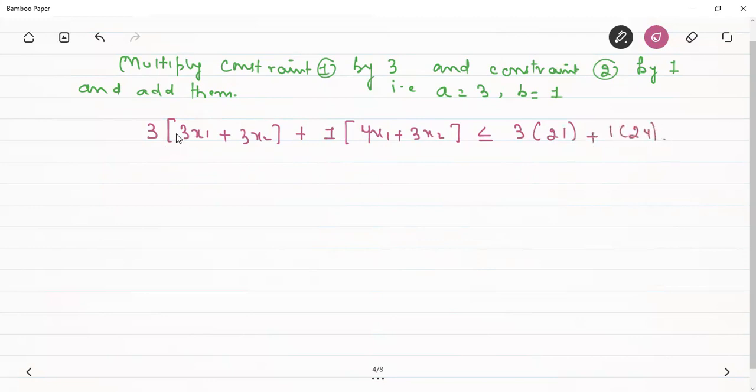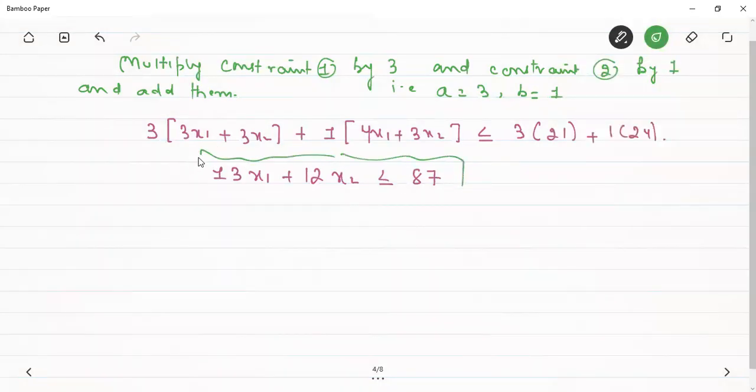What we are going to get here is 9x1 plus 4x1, that will be equal to 13x1 plus 9x2 plus 3x2, that will be equal to 12x2. So this has to be less than or equal to 63 plus 24, it is 87.